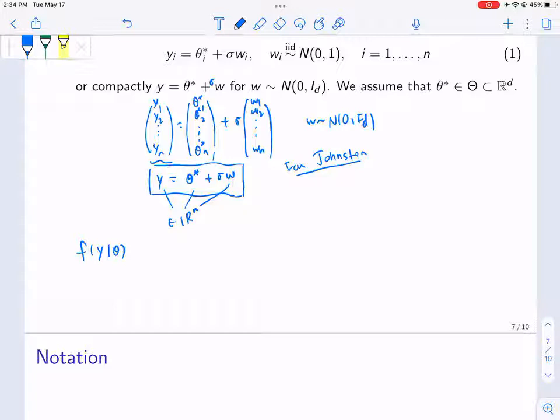Let's say sigma is known and is 1 for simplicity. The likelihood would be: y is theta plus w, so this would be normal with mean theta and covariance identity. So this is proportional to e to the negative 1/2 of the squared norm of y minus theta.